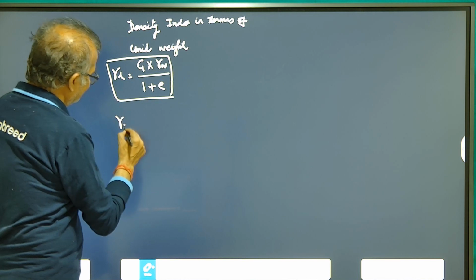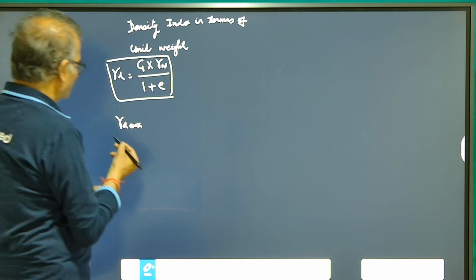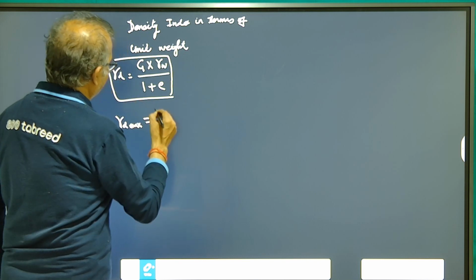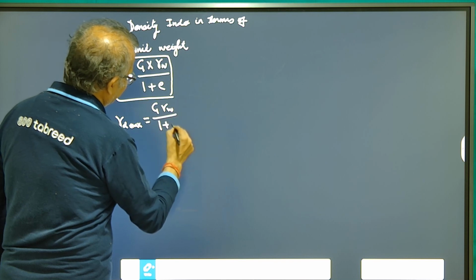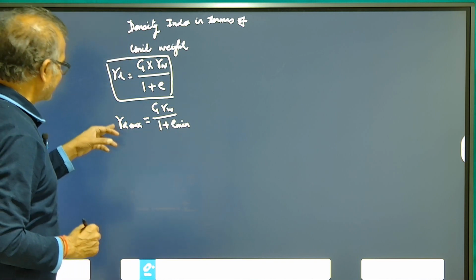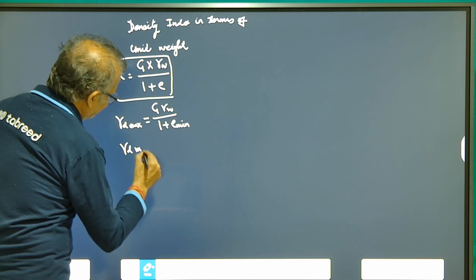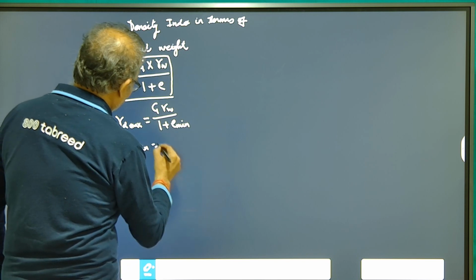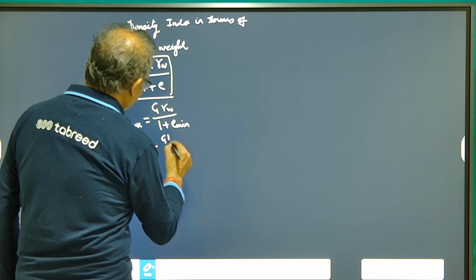Gamma D maximum is G gamma W upon 1 plus Emin. When void ratio is minimum, the dry density will be the maximum. Vice versa, when gamma D is minimum, void ratio will be maximum.